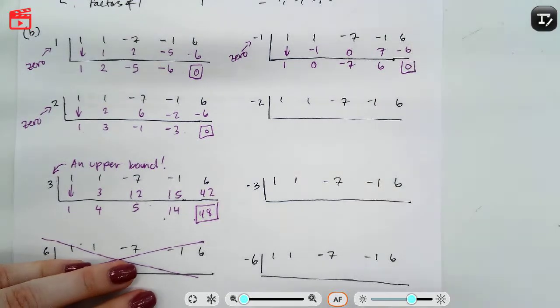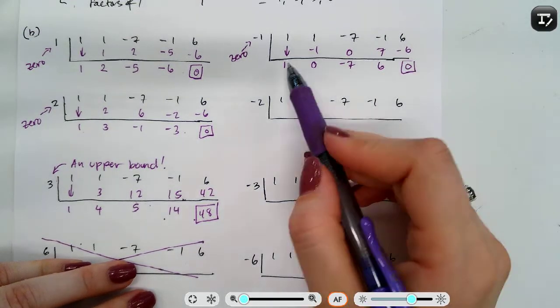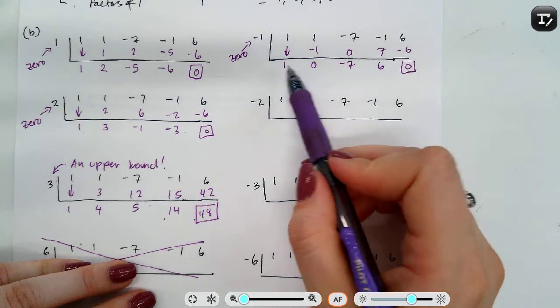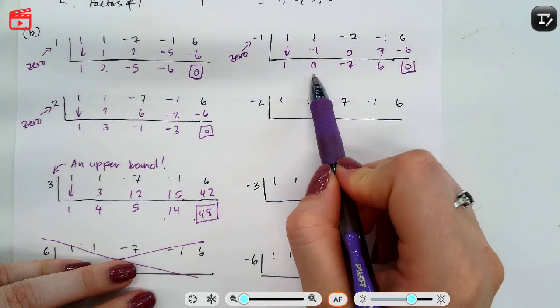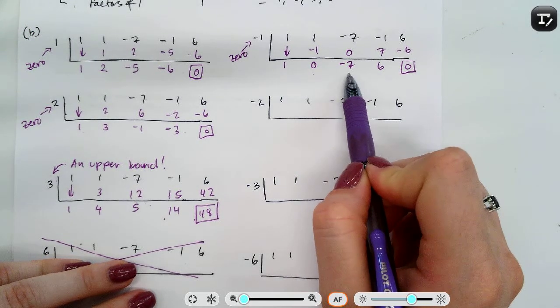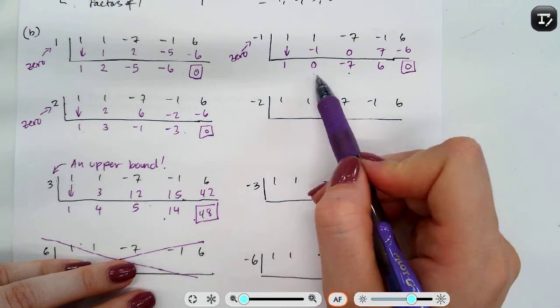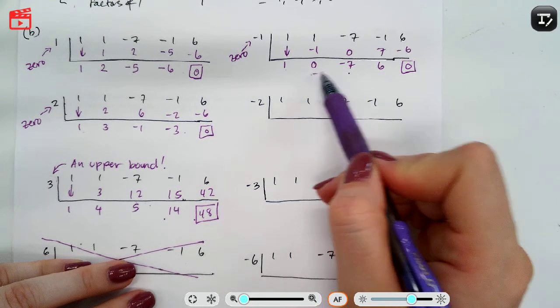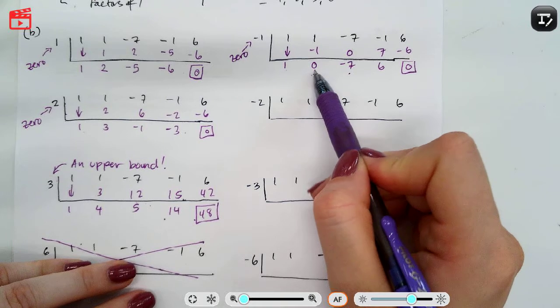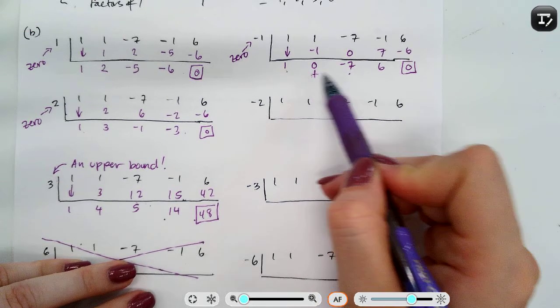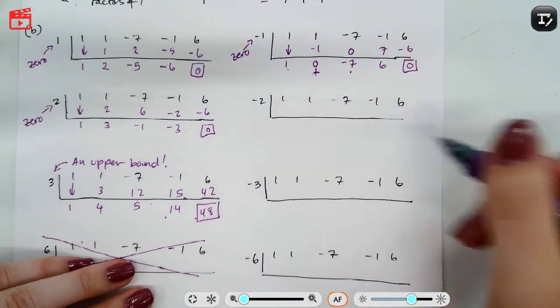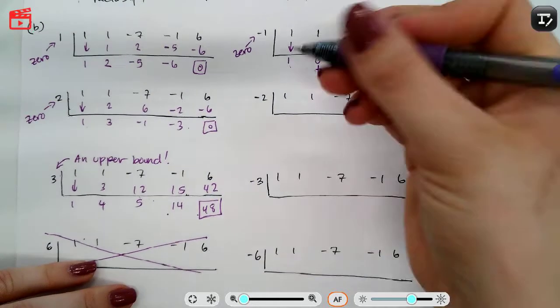But it's not a lower bound because it's not alternating signs. It's positive. That could be a negative or positive, but then that's a negative. So if I did this a negative, that would be positive, negative, negative. If I did this a positive, that would be positive, positive, negative. So that's not alternating. Okay, but that's a 0. Let's try the next one.